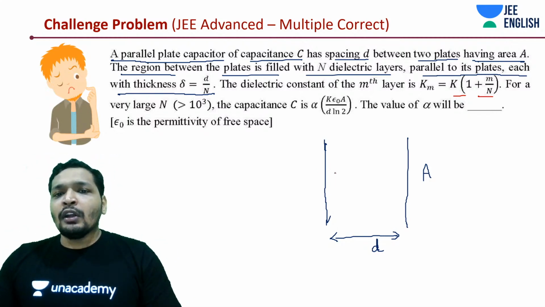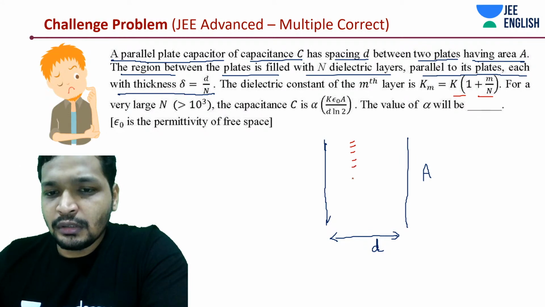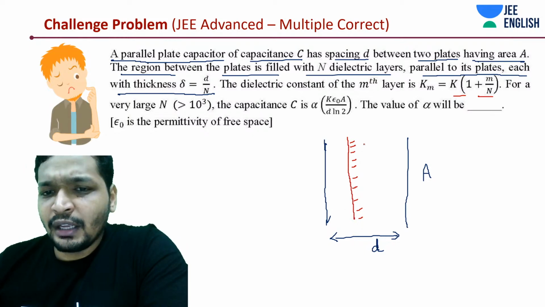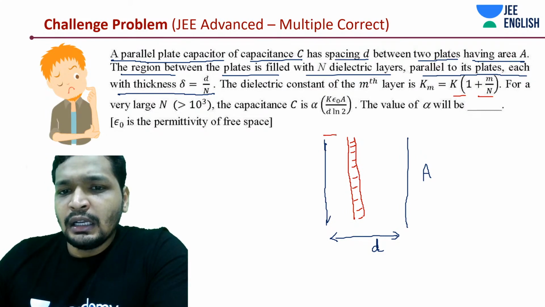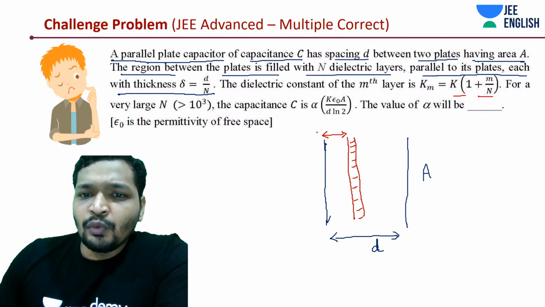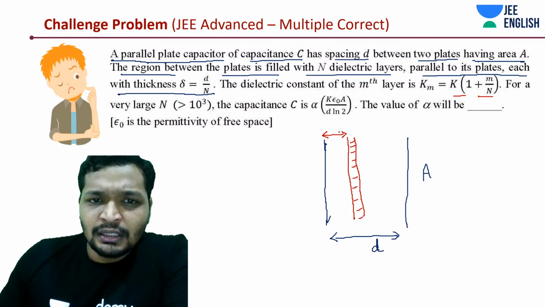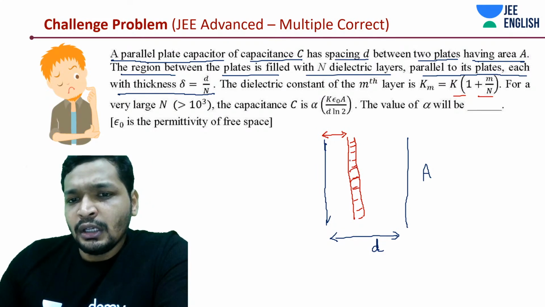All of these dielectric layers are of equal width. Any layer you take in between, say this is the mth layer, would be at some distance, which is not relevant to our calculation at this point.